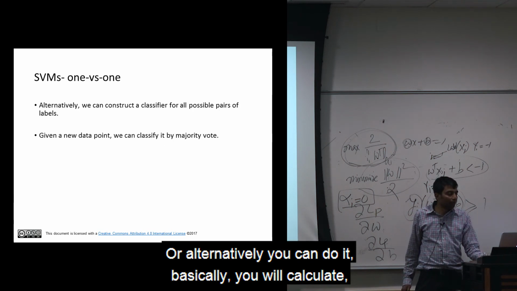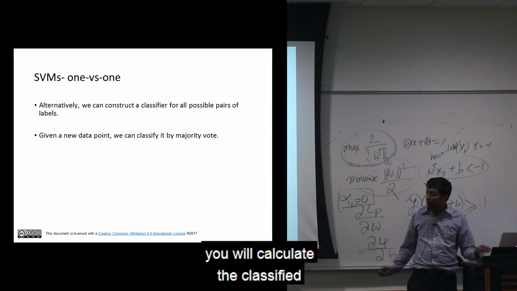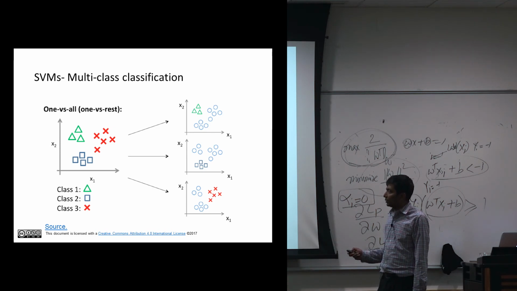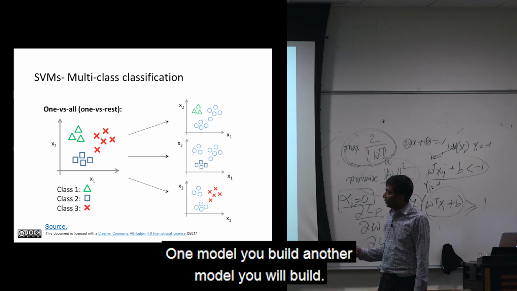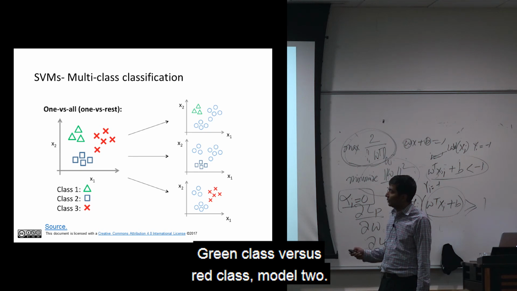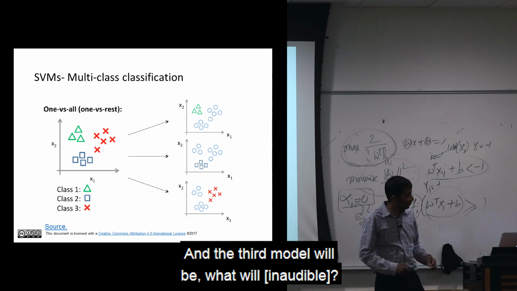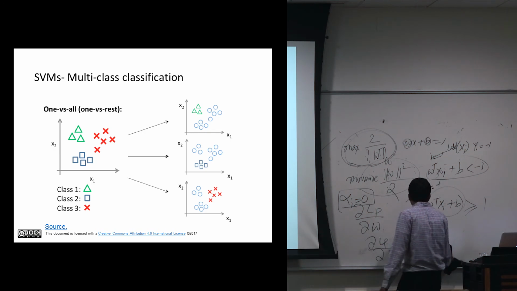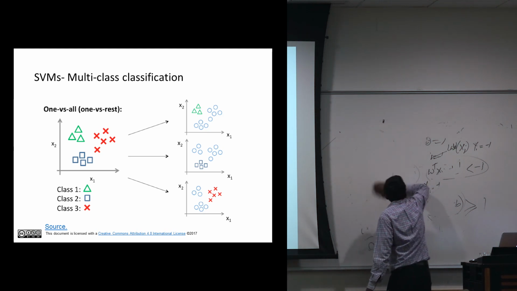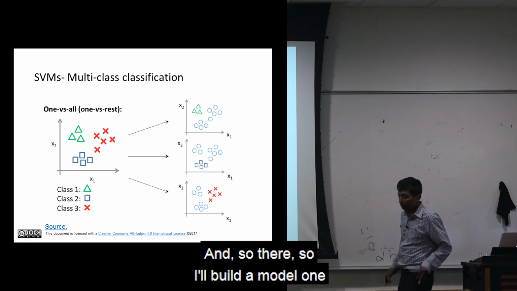Alternatively, you can do pairwise classification. There are 3 classes, so it's one versus one.